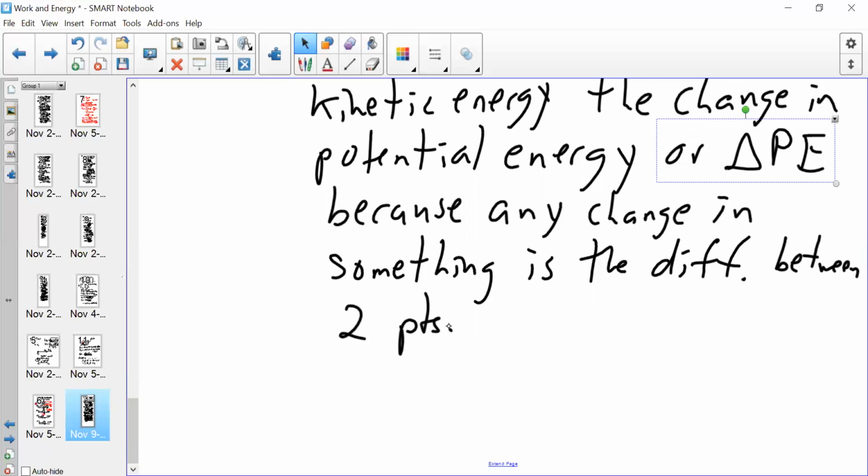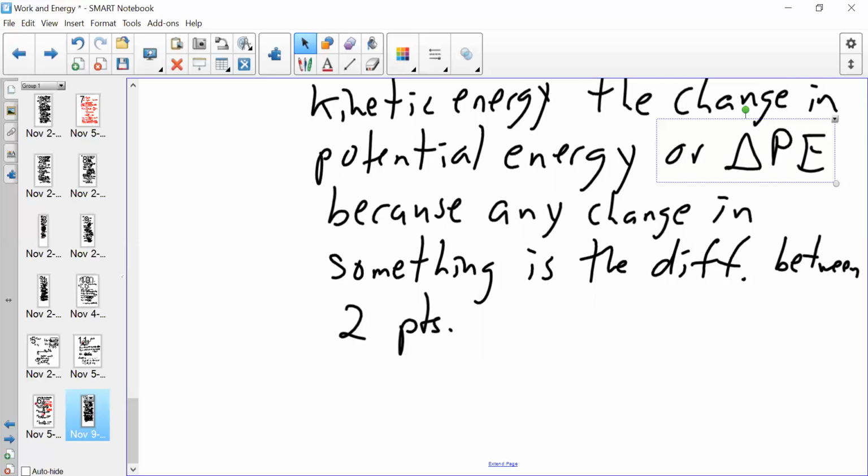Delta X, delta PE, delta KE, delta force, delta magnetic field. It's final minus initial. We have the potential to go from the top where the ball is stationary to the ground. Stationary, it was two different points, two different positions. From its initial height in the air, final height at the ground.